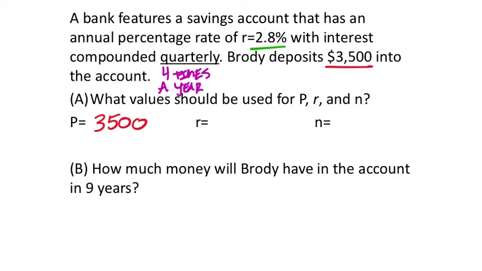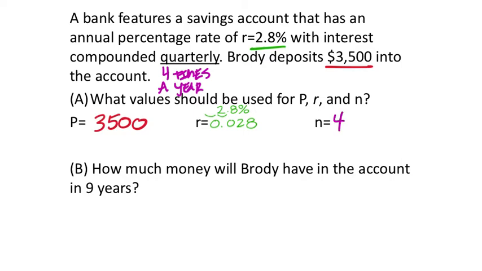Now, we would want to use this as a decimal, so you'd move the decimal 2 times to the left, which would make the rate 0.028. N is the number of times that it's compounded annually. Since it's quarterly, it's going to happen 4 times.